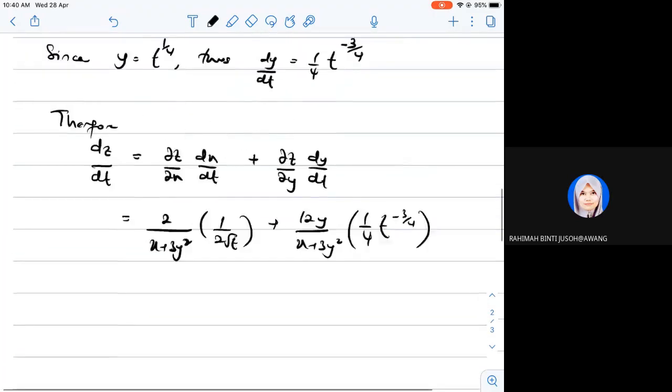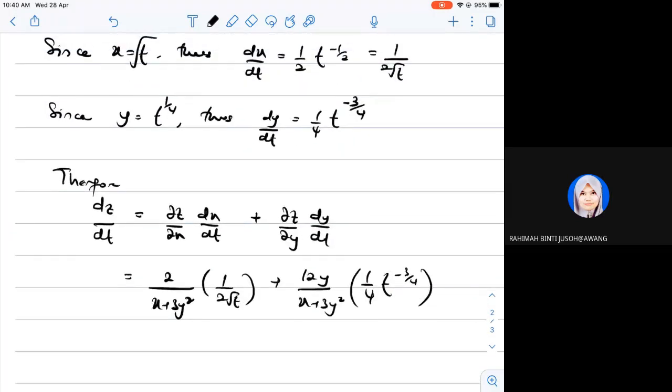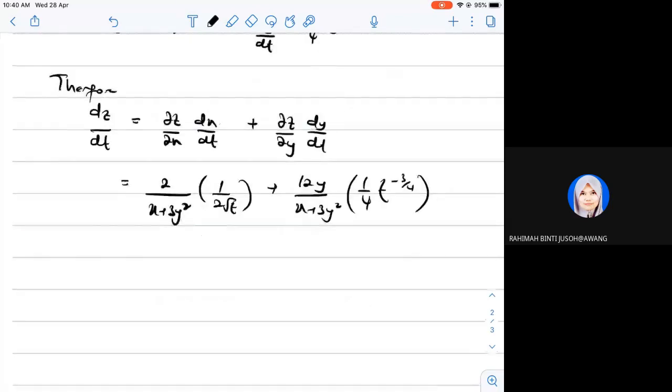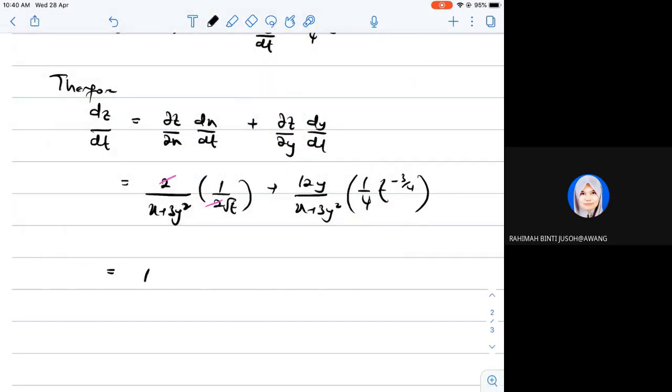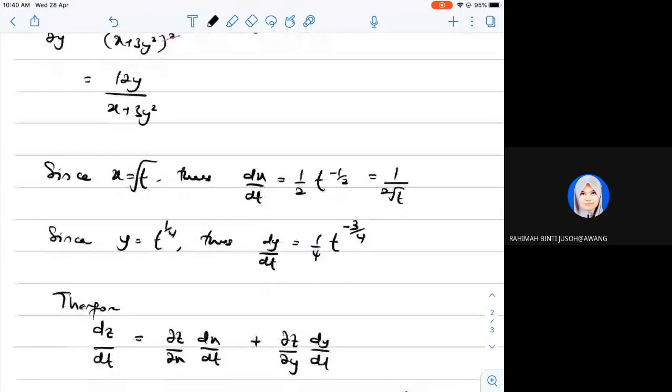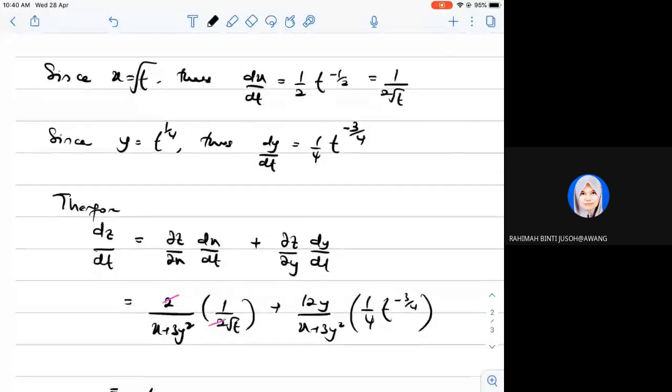Okay, so now we need to substitute all x and y. Okay, kena gantikan x dengan y tu in terms of t lah. Macam tu. So we will have, so this one can be cancelled. So we have 1 over x is square root t, so square root t plus 3y squared. Y adalah t to the power of 1 over 4.